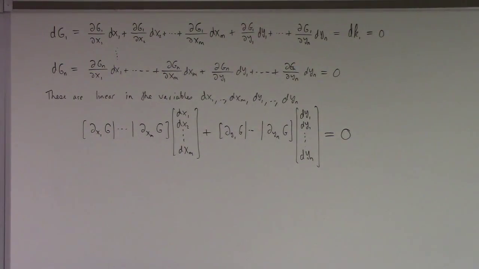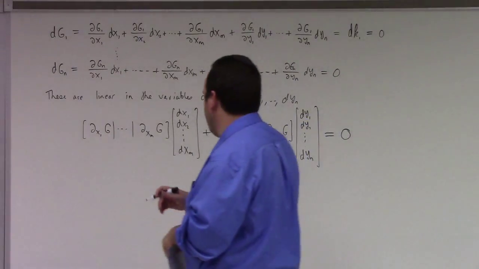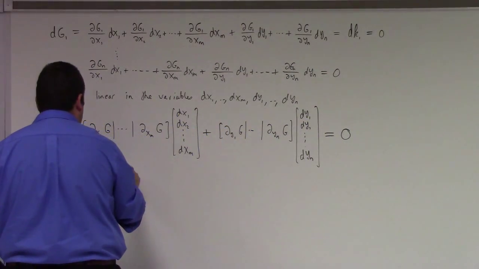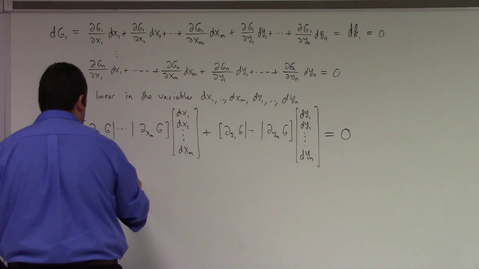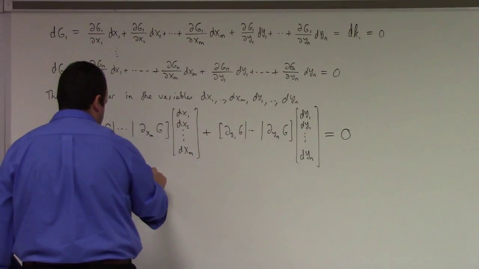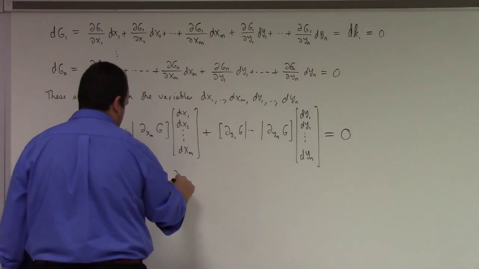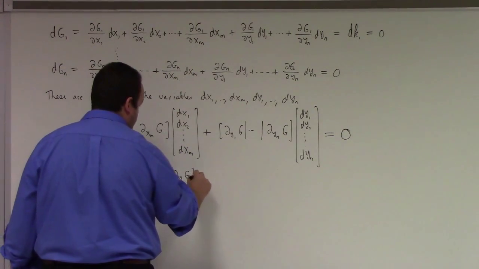Again, just formally, the differentials you can think of as variables. So we can do linear algebra on the problem, which is a matrix problem. And then, of course, I can solve for the column vector of y differentials. How? Let me suggest yet another notation. What I've got here is partial xg times the dx vector plus partial yg times the dy vector.